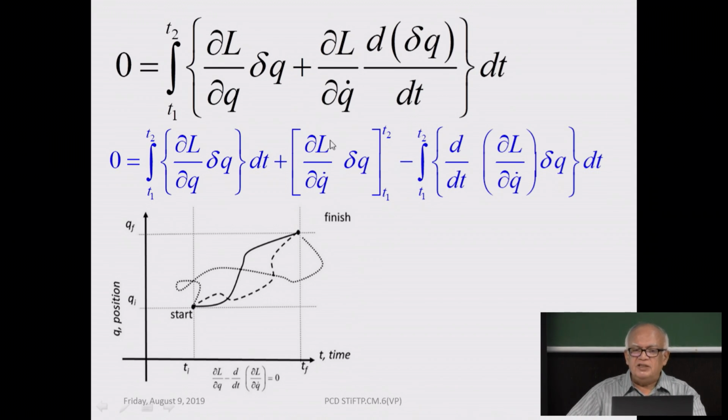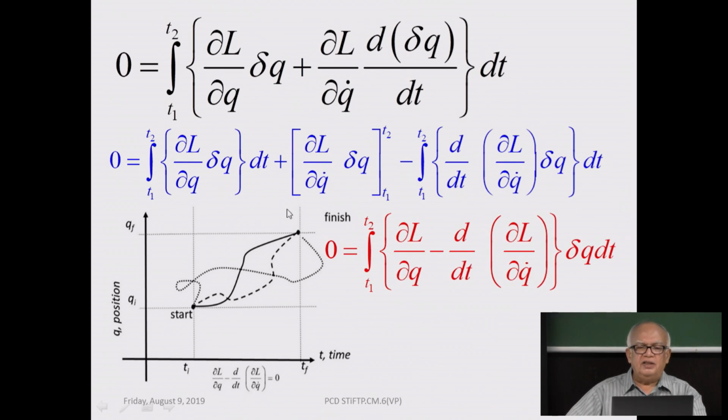So you are taking a difference of this quantity at the upper limit and subtracting from it the value this quantity has at the lower limit, but delta Q is 0 both at the upper limit as well as at the lower limit, because the variations are in between, not at the start point or the finish point. Okay, so this term goes to 0, right?